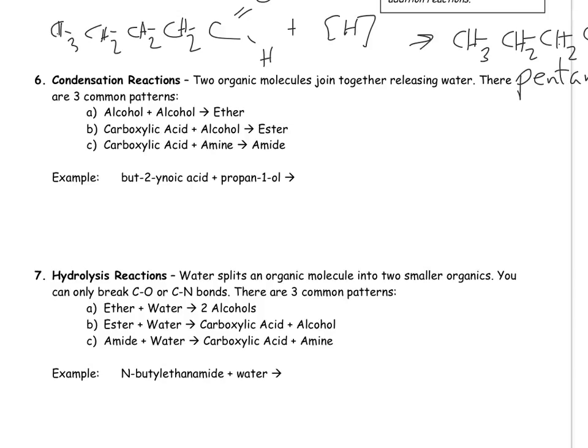There are 3 common patterns for condensation. You can link an alcohol and an alcohol together to make an ether, a carboxylic acid and an alcohol to make an ester, or a carboxylic acid and an amine to make an amide. Here's an example of making an ester.